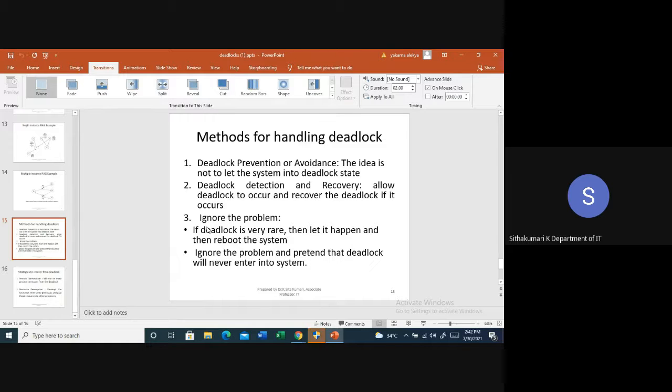In deadlock detection, we have an algorithm to detect it, and recovery actions: either by process termination or resource preemption, you can recover from the deadlock. The last option is to ignore the problem.